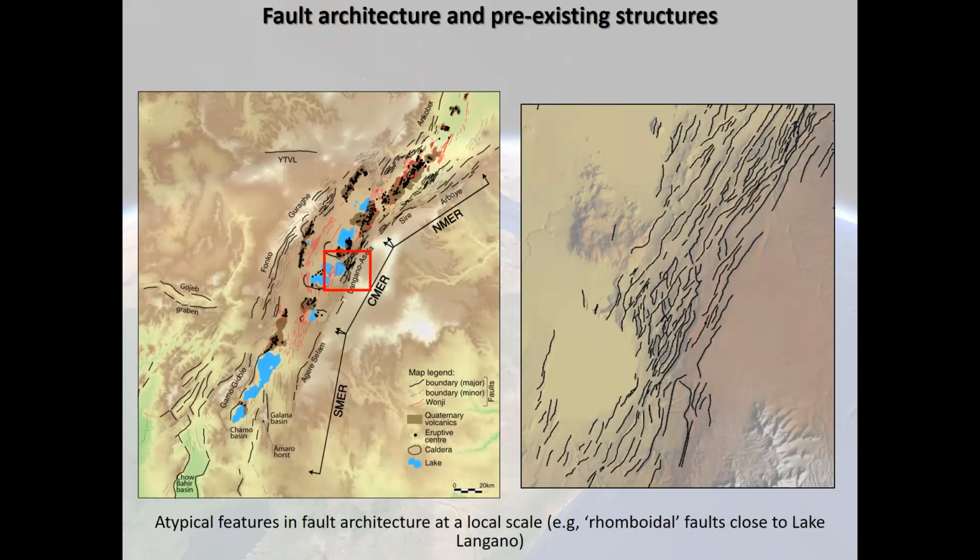For instance, we have this strange pattern of rhomboidal faults or zigzag fault patterns, which can typically be related to the occurrence of large pre-existing transversal structures in this area. So still a control of tectonic inheritance on the geometry and the characteristics of these large boundary faults.